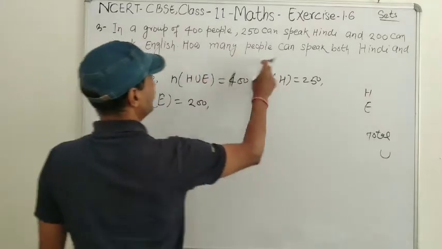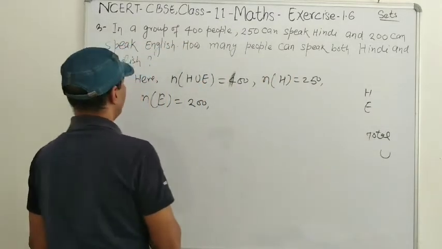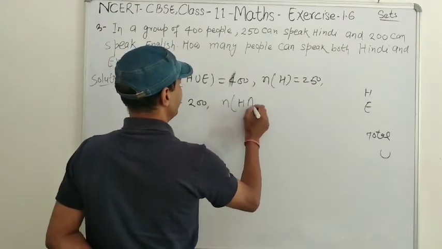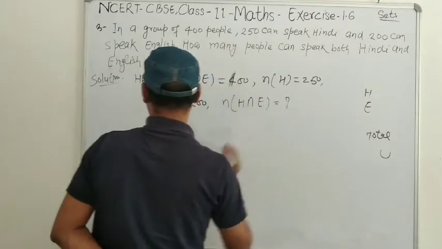Now how many people can speak both? That means common, the intersection, n(H intersection E) is to be found.